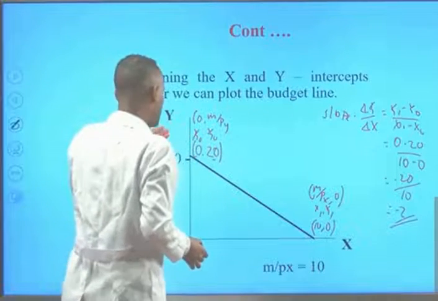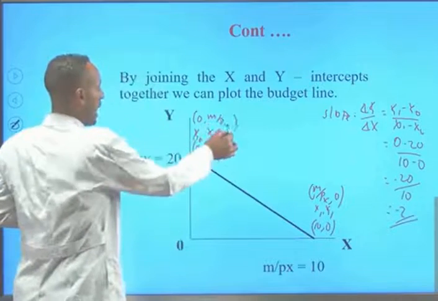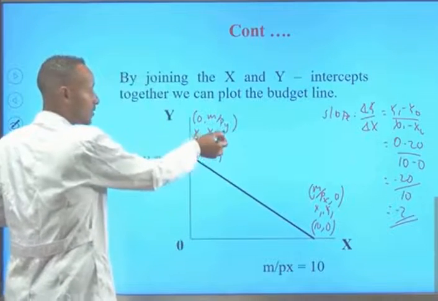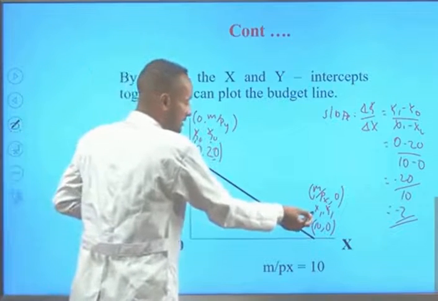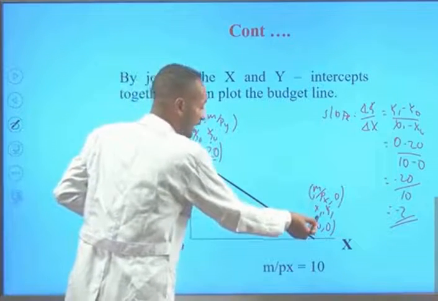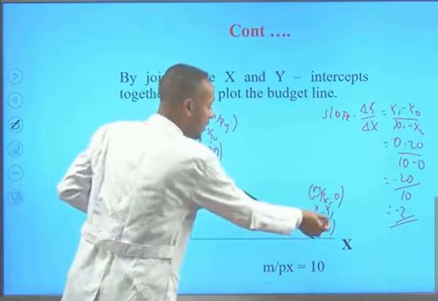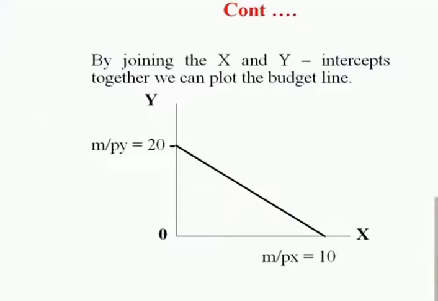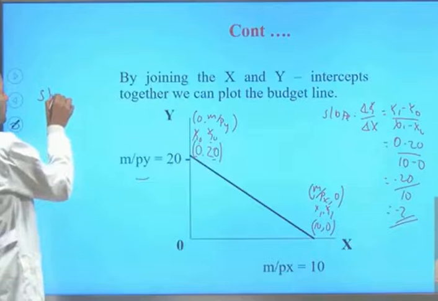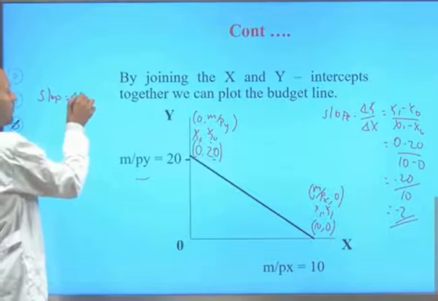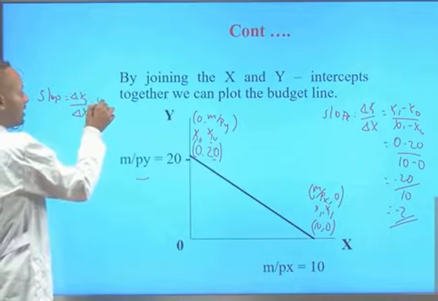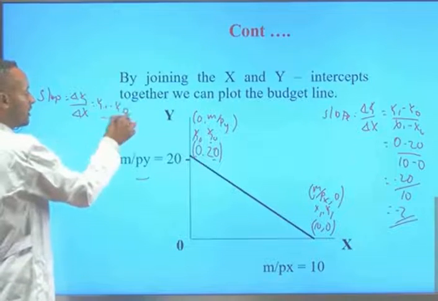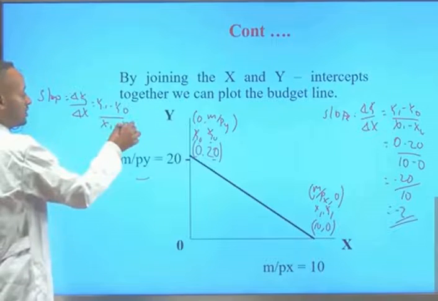Now let's take this 0 as x initial and m over price of y as y initial. Let's take this m over price of x as x final and 0 as y final. And then we can calculate the slope, which is equal to the change in y for the change in x, which is y final minus y initial divided by x final minus x initial.